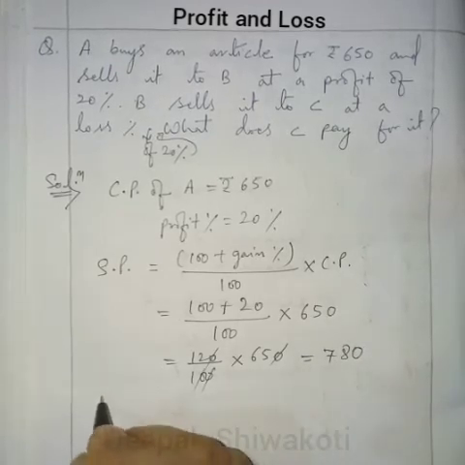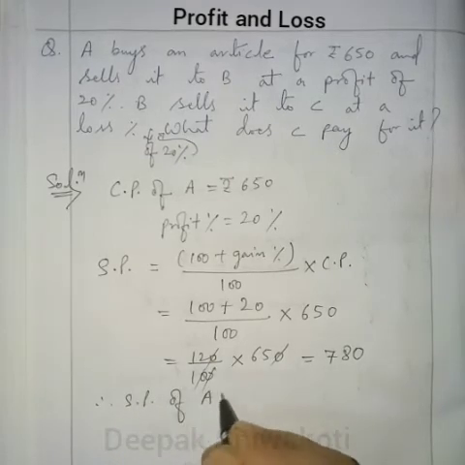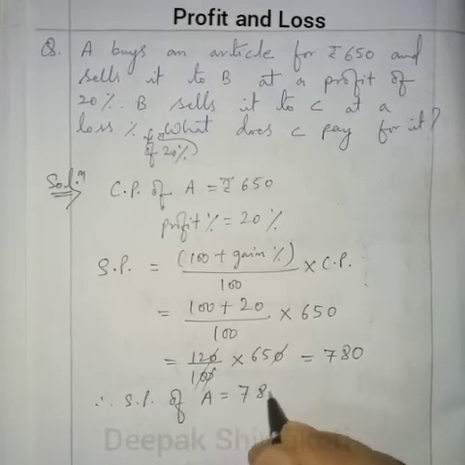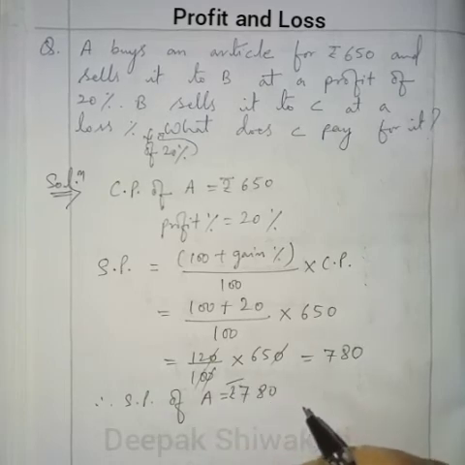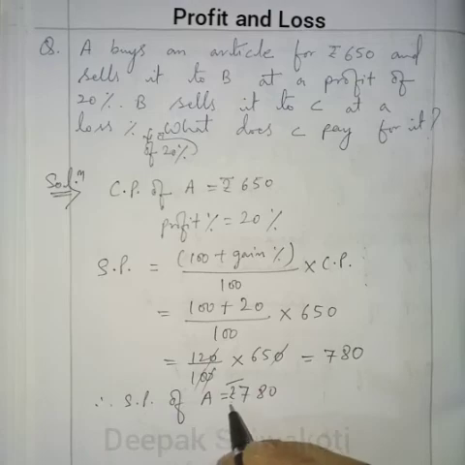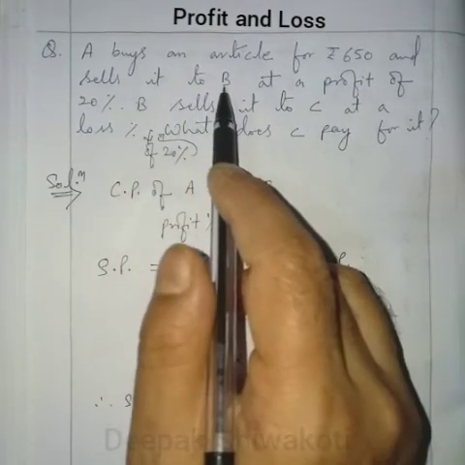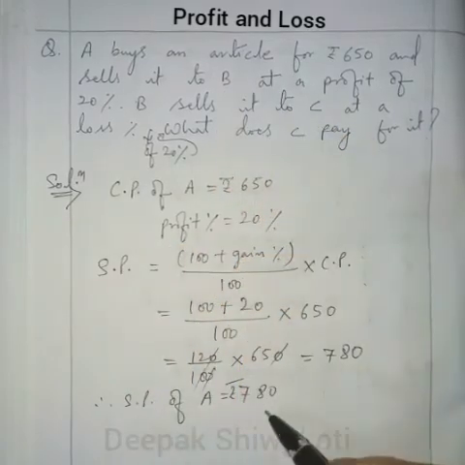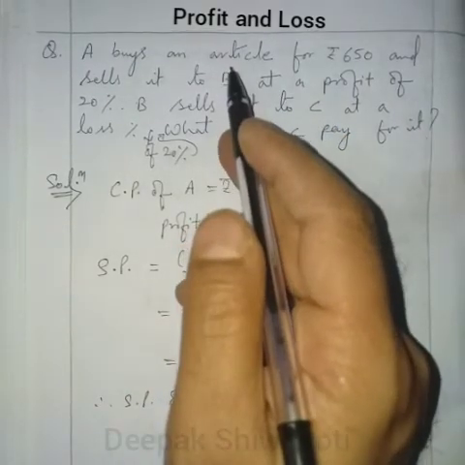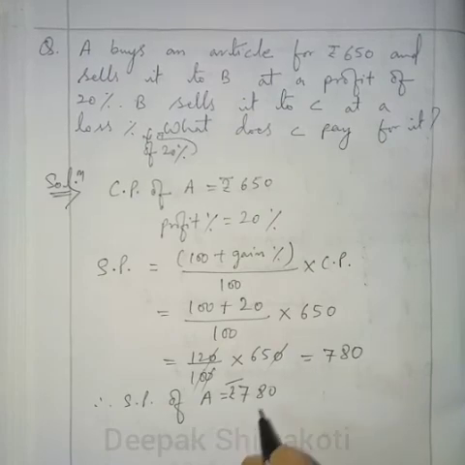So we get selling price of A, that is 780 rupees. This selling price of A is actually cost price of B, because he is selling to B and B is paying this much for that article. So this is the cost price of B.